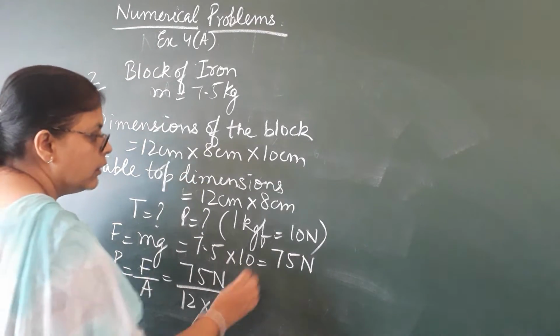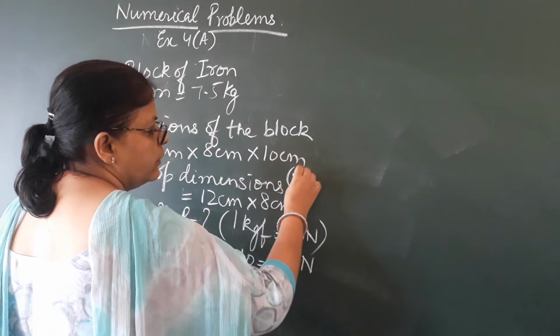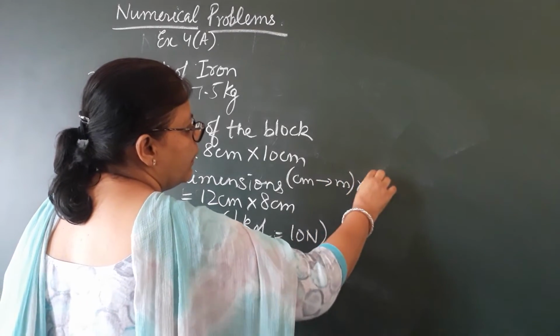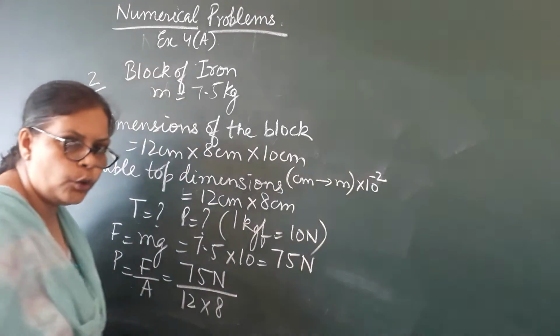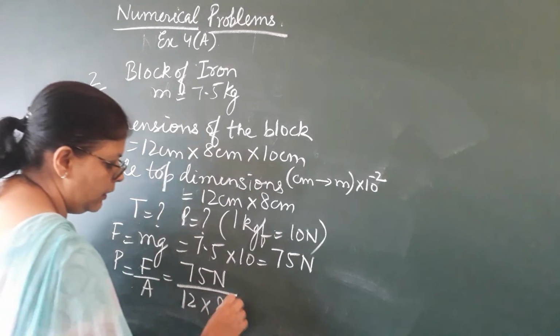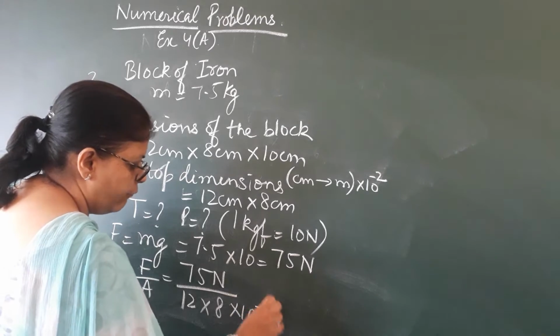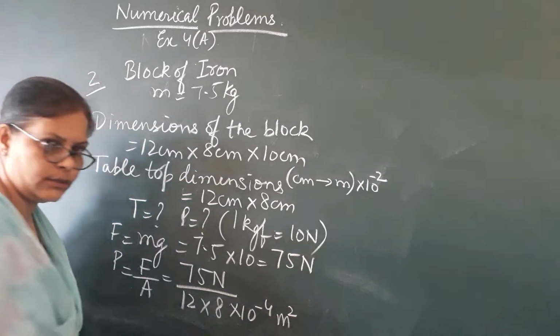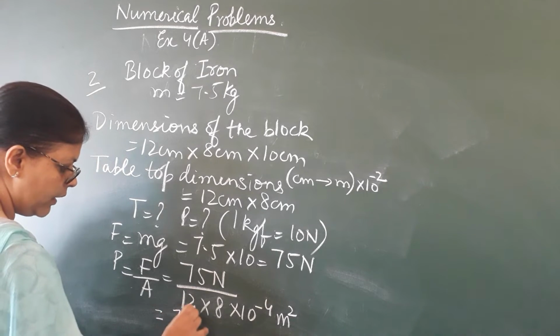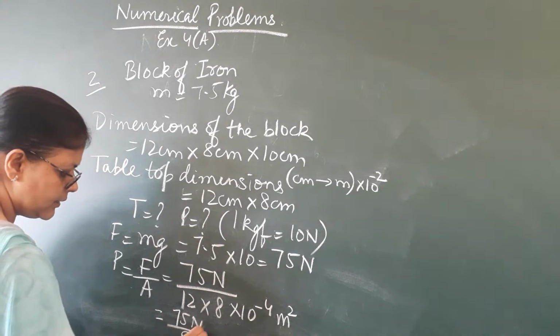How will we convert? You should know, children, that in order to convert centimeter to meter, you multiply by 10 to the power minus 2. But here there are centimeter and centimeter twice. So you will multiply by 10 to the power minus 4 square meters. Is that clear? Now, when you divide this, 12 8s are 96 into 10 to the power minus 4.